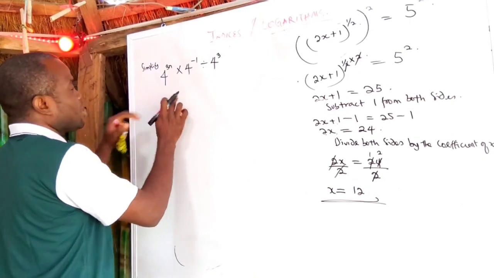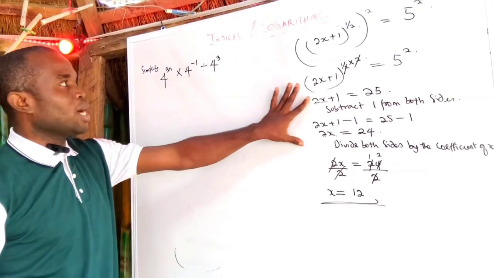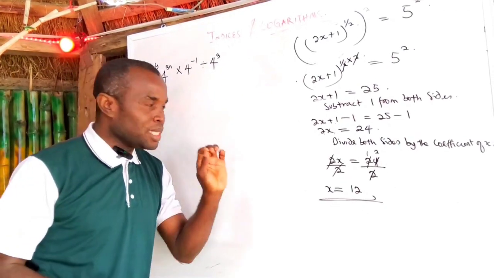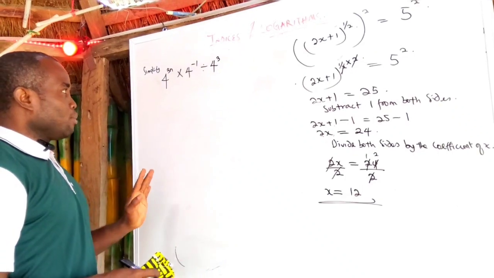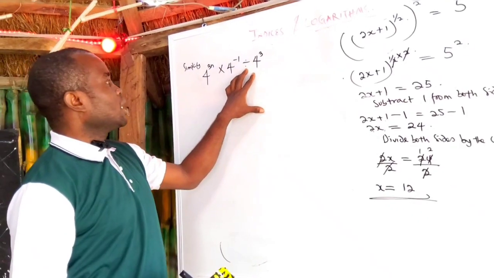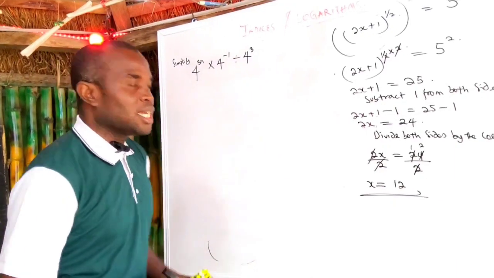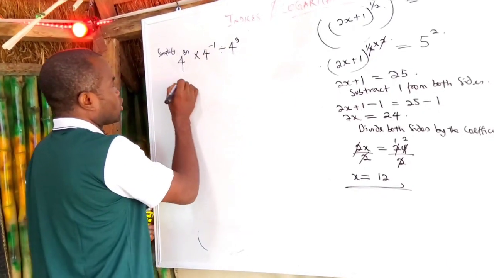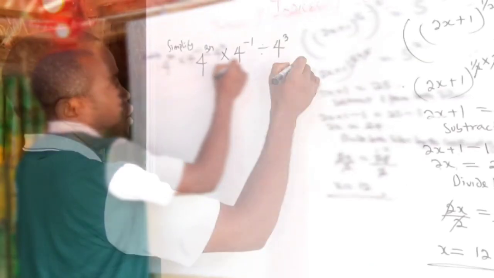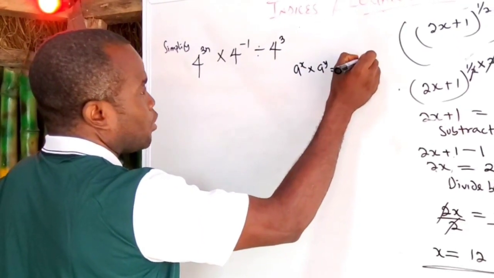So the first thing I ask you to always check is whether they are of the same base before you try to use the laws of indices on them. Look at this, they are all of the same base. And how many laws are combined here? Multiplication, division, and inverse. According to the law of multiplication, if you have a raised to power x multiplied by a raised to power y, you get a raised to power x plus y.